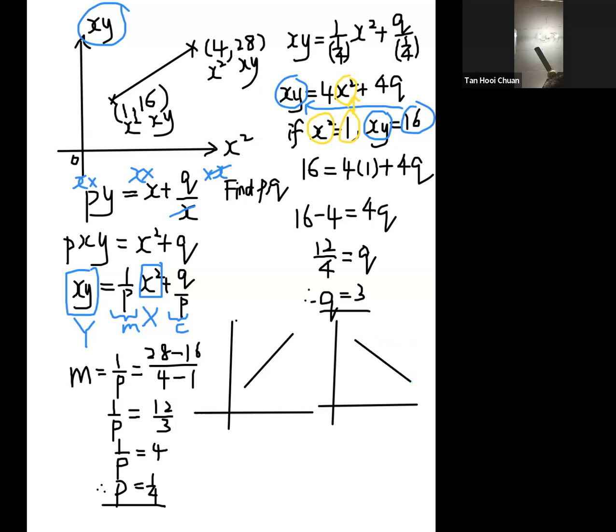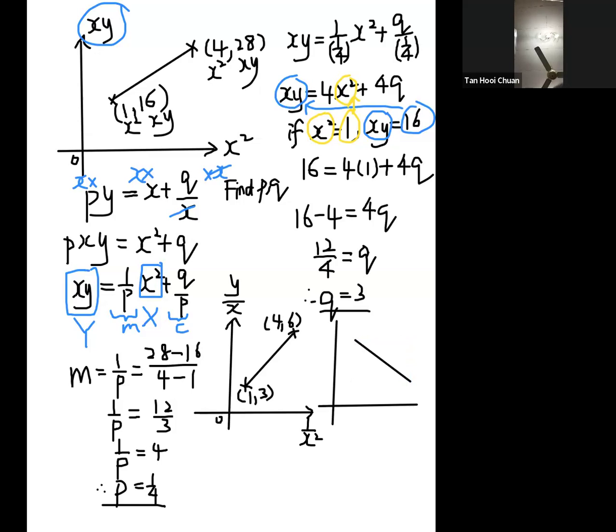Okay, use the method I show you here. Later I teach you the second method, because if I teach you a lot of things in one shot, maybe you get confused. 1/x squared. It passes through these 2 points. The first one is (1, 3). Another one is (4, 6).